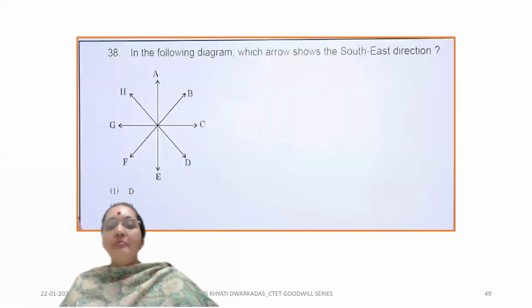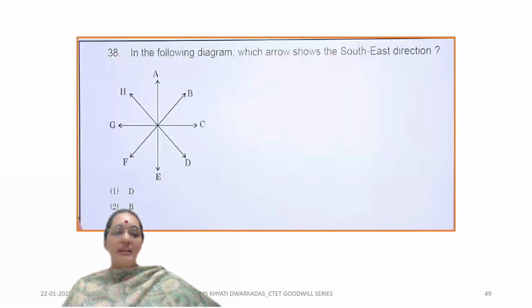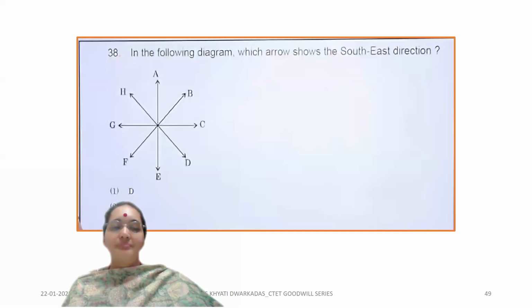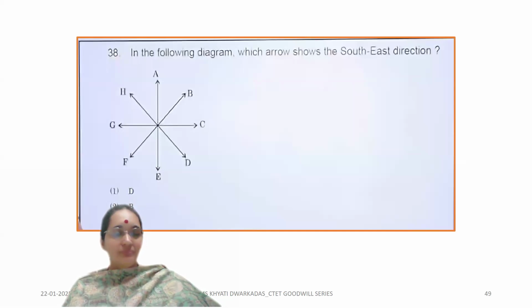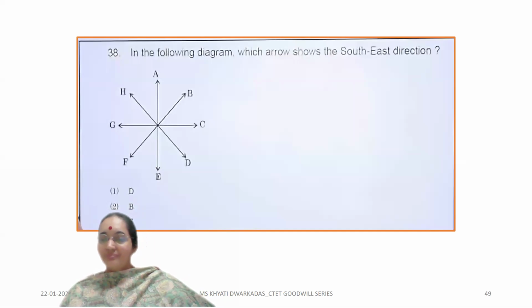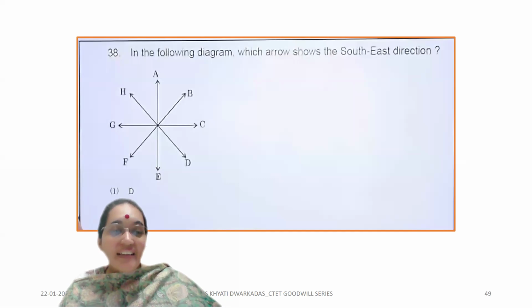In the diagram, which arrow shows us the southeast direction? Southeast.